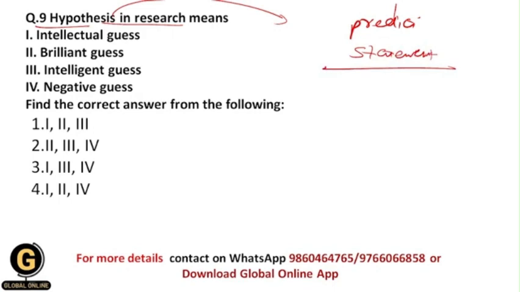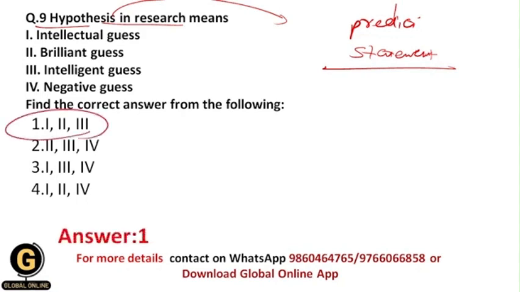It includes a clear definition of the relationship between the variables. That's why hypothesis is an intellectual guess, a brilliant guess, an intelligent guess, all of these. And that's why your correct answer should be 1, that is 1, 2 and 3.